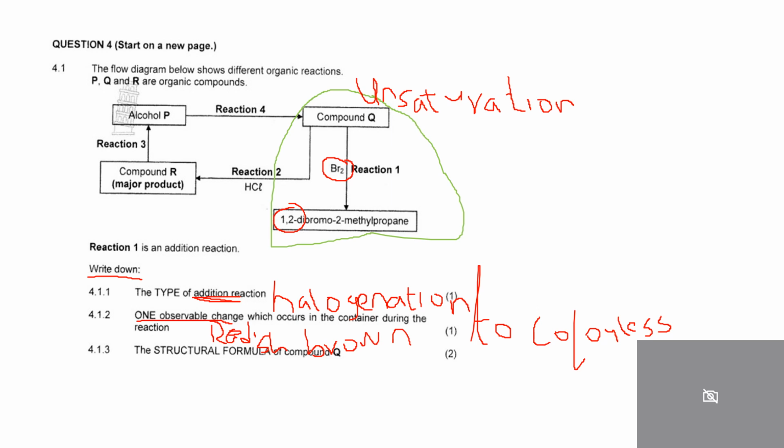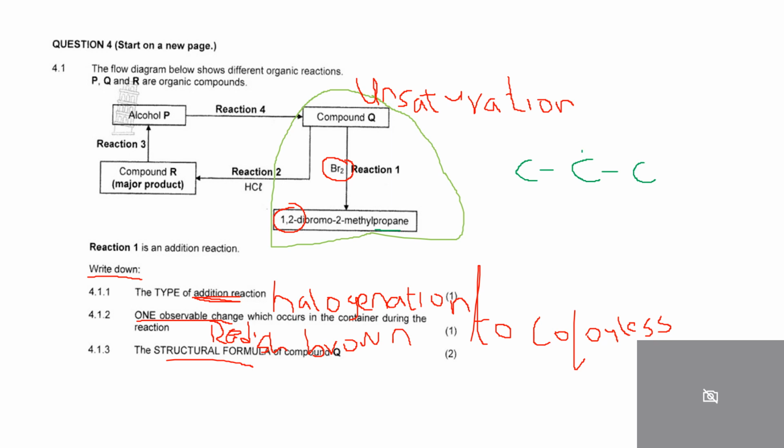Then the last one, we are now asked to draw the structural formula of Q. We take it from here. The first thing I will do is draw propane, with carbon 1, carbon 2, carbon 3.